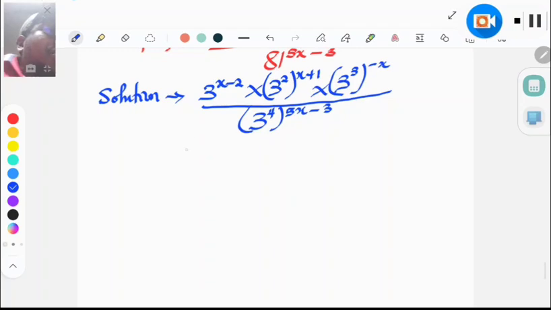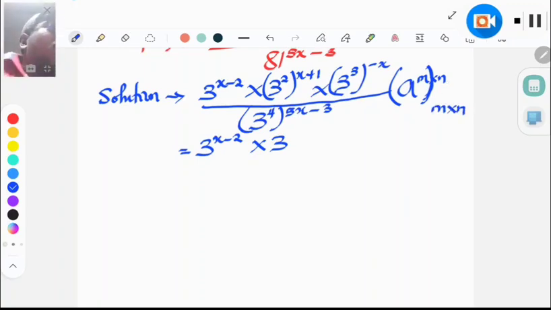Now from here, we can say this is 3 raised to the power of x minus 2 times 3 raised to the power. From the law of indices, when you have two powers, m and n, the law says that the m will multiply the n.